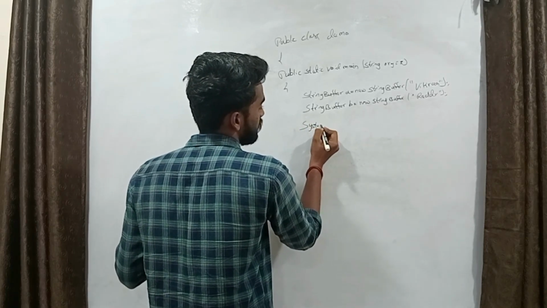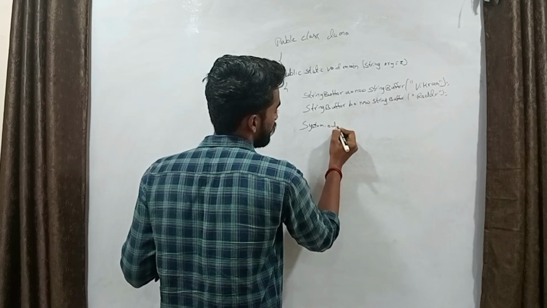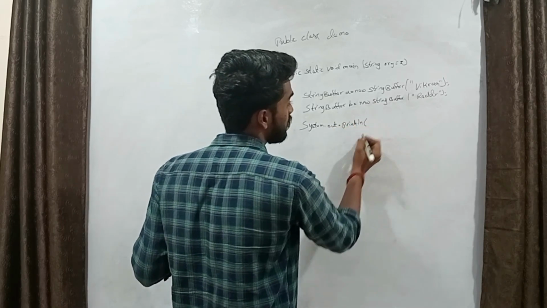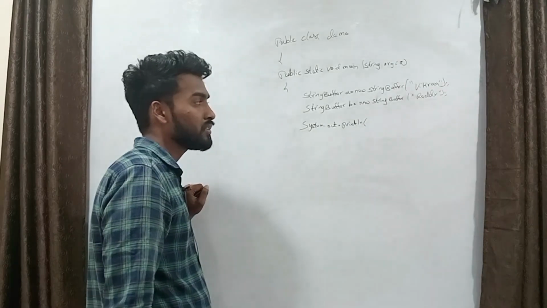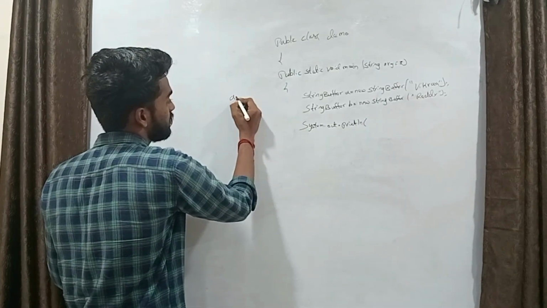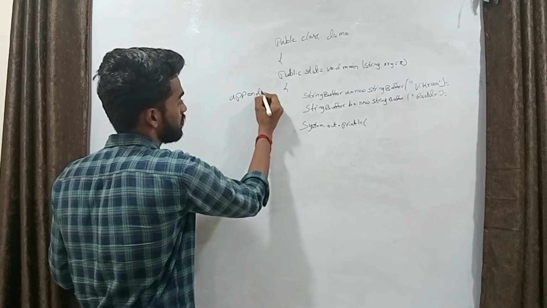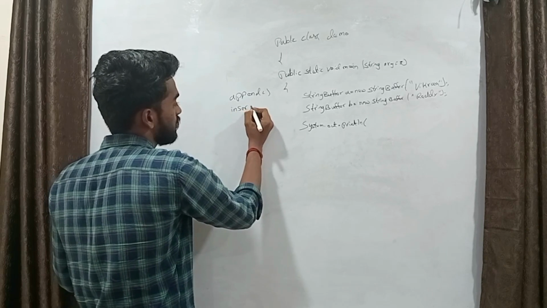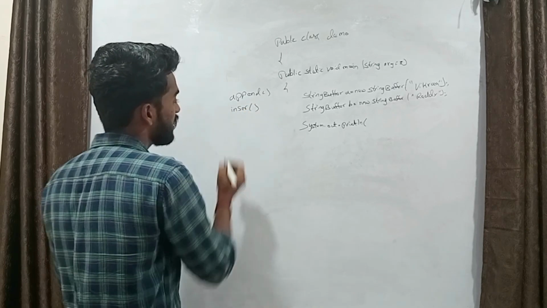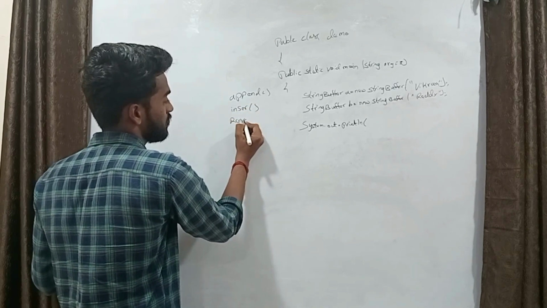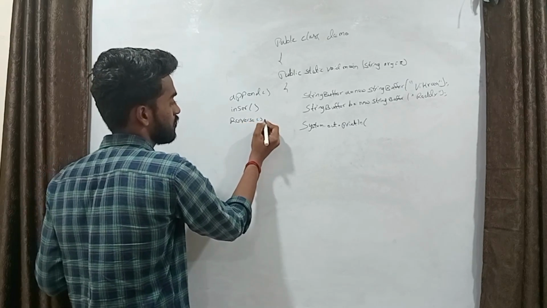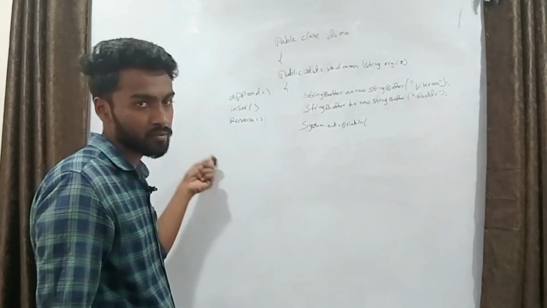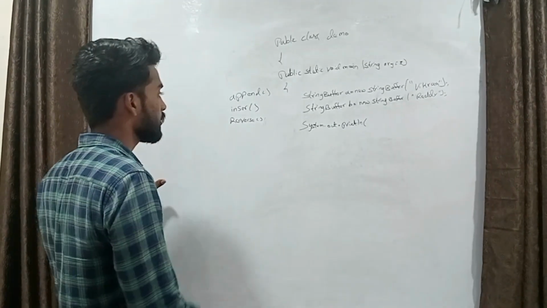System dot out dot println. Here we have append, insert and reverse. These three are main methods. We have so many, but these three are the main ones.